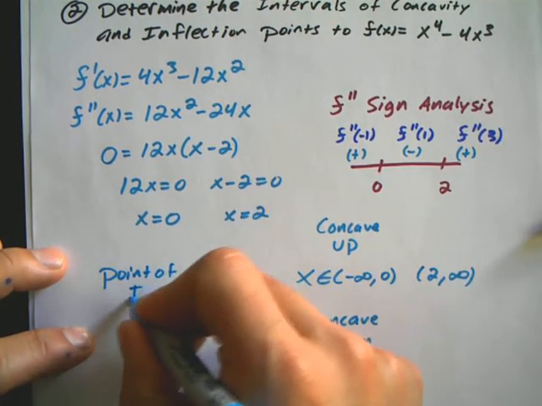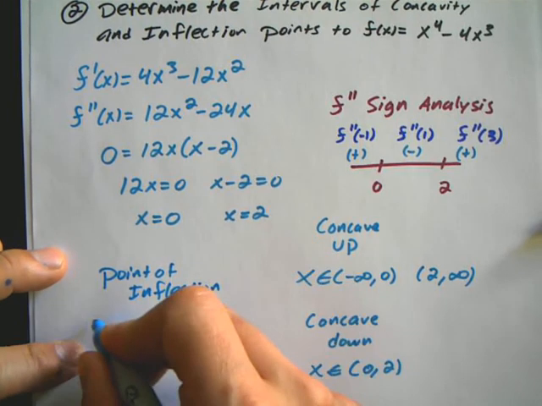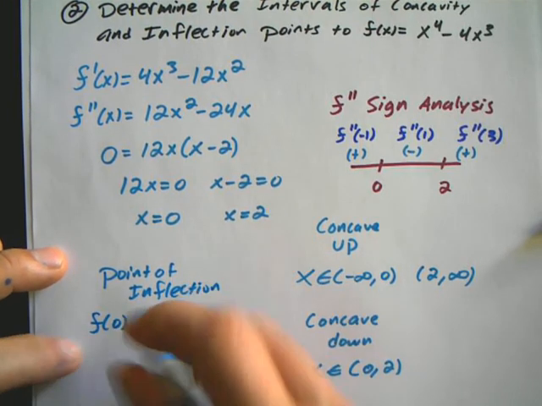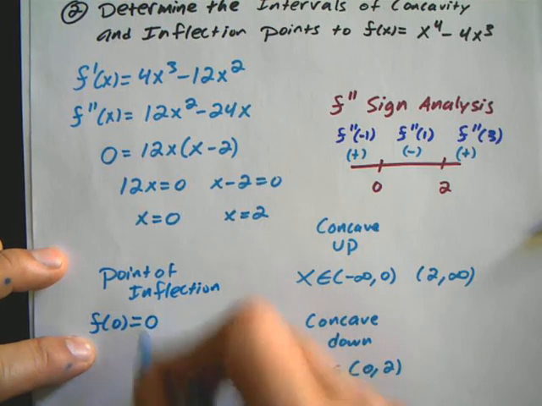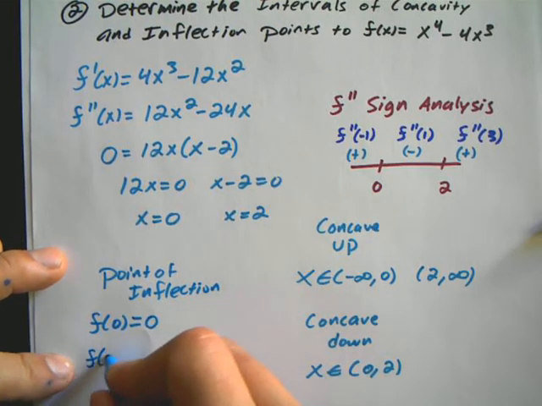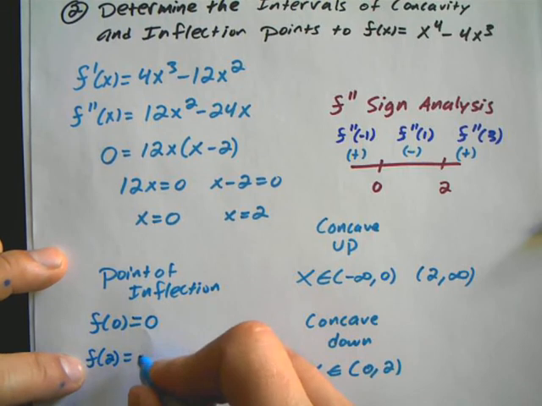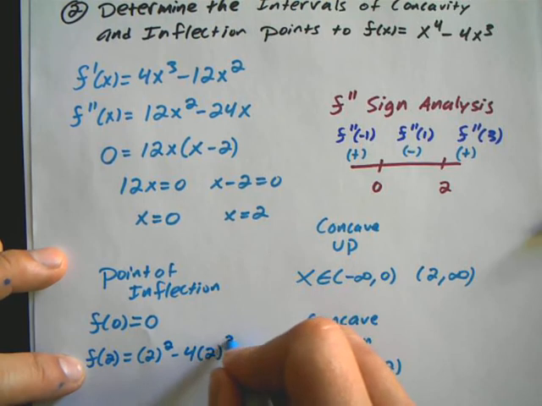f of 0, when I plug it back into the function, is going to be 0. If I plug in now 2, it's going to be 2 to the fourth minus 4 times 2 to the third. Sorry, not 2 squared, 2 to the fourth. So 2 to the fourth is going to be 16.